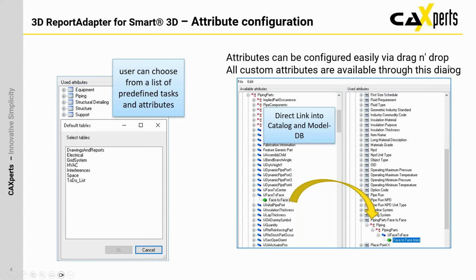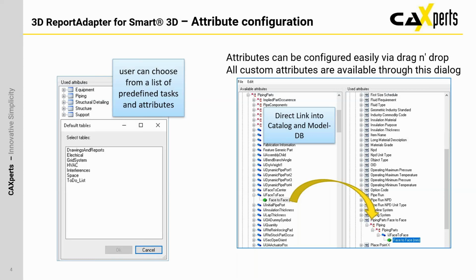Here on the right side, you see the tool comes with a preset of predefined attributes. For piping, we have a set of attributes that come with the tool. But suppose you have custom attributes, you want to have additional attributes, you want to have different attributes.